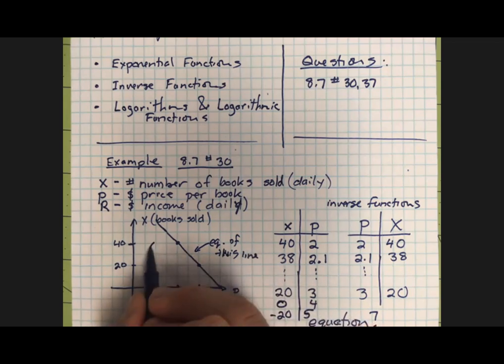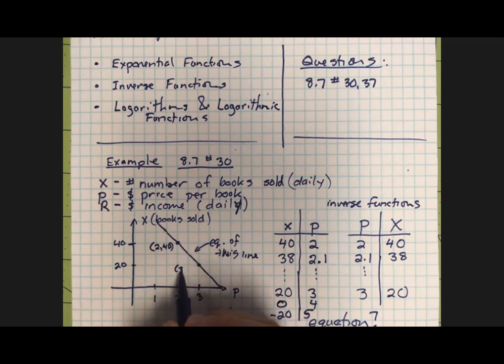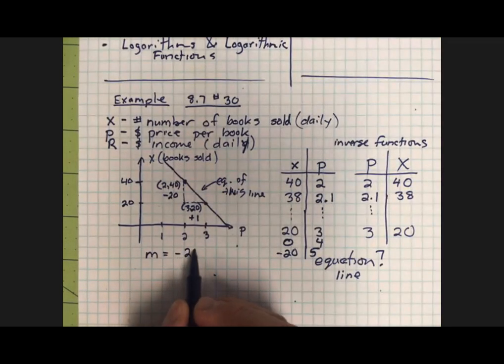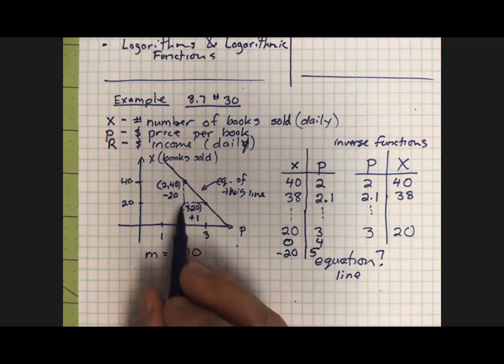I'm going to use the point slope form way back in the old days. 2 and 40, 3 and 20. What is the slope of that line? I went over 1 unit, $1, and I went down 20 books. So the slope of that line is minus 20. I lose 20 books for every $1 I increase the price.